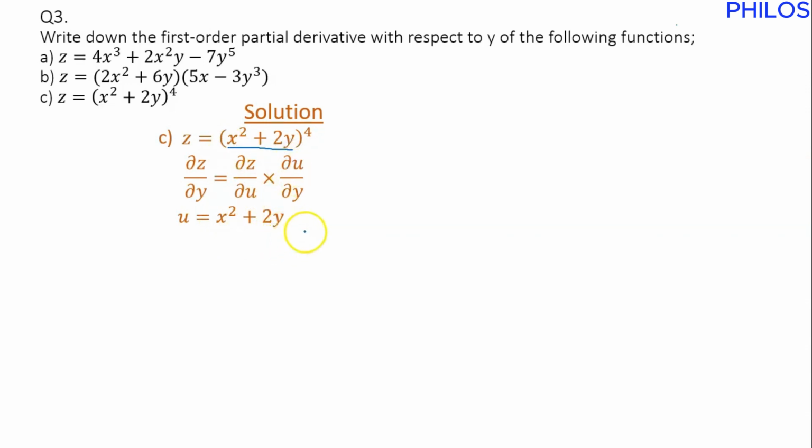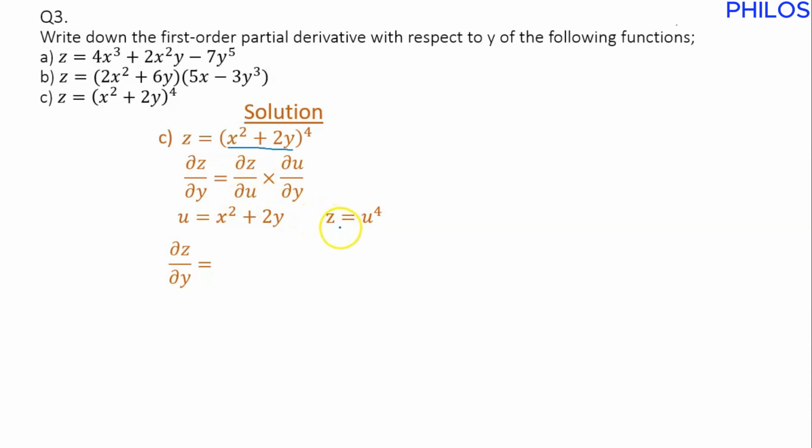So if the entire thing in the bracket is u, then we can rewrite z as z equals u exponent 4, because we've let the whole thing in the bracket be u. So from these two, we can now find partial z, partial y. So partial z, partial y will be equal to. Let's find partial z, partial u first.